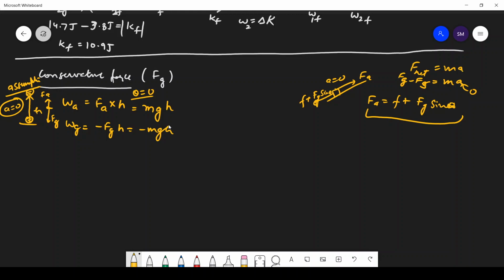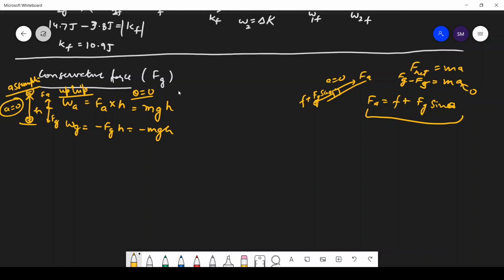But the net work done by the gravitational force for the whole trip will be 0, because it is minus mgh and then plus mgh. So we are talking about the up trip, this is about the up trip only.